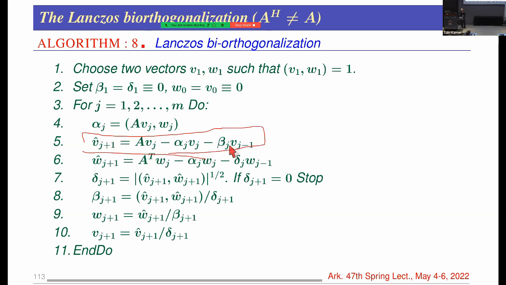There's no difference in the way this is written with respect to the standard symmetric Lanczos. The only difference is that the alphas and betas are obtained by using this sequence, the W's. And the W's involve A transpose, or A^H in the complex non-symmetric case. These are only necessary because you need to compute these alphas and betas.